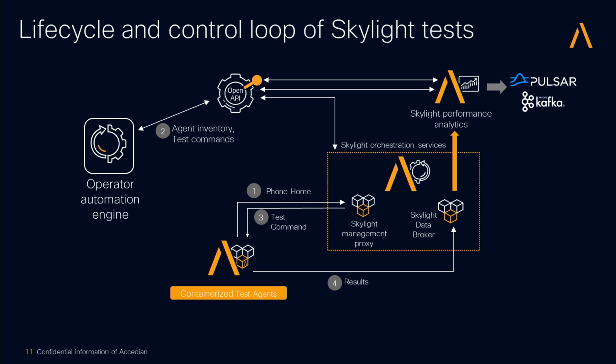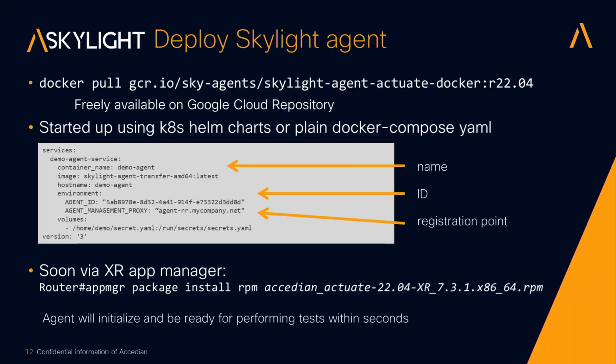The sensor agents, once they are deployed, use a phone home type mechanism to register themselves. So in the orchestration layer, which is seen in the middle here, the agent wakes up, phones home, and is then registered as long as it has authentication to talk to the management system. So to launch the agent, basically all you need to provide is a name and an identifier and where to phone home to.